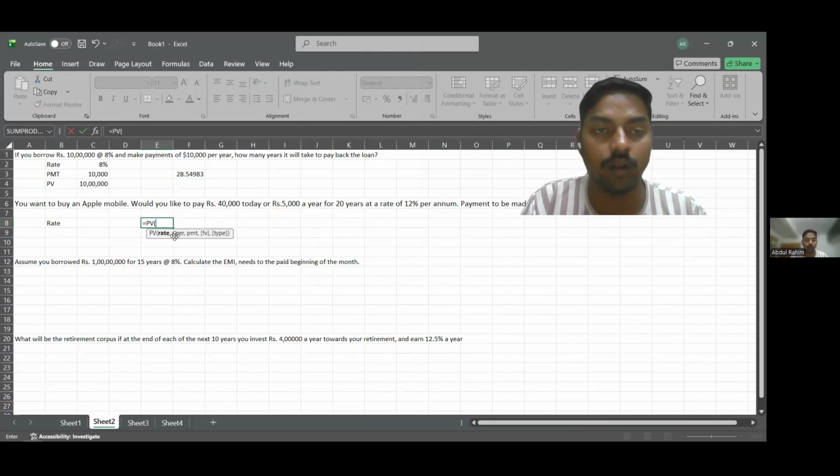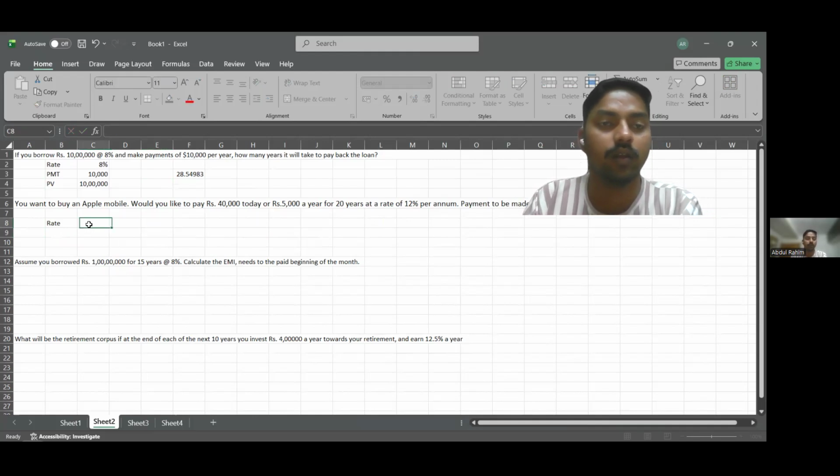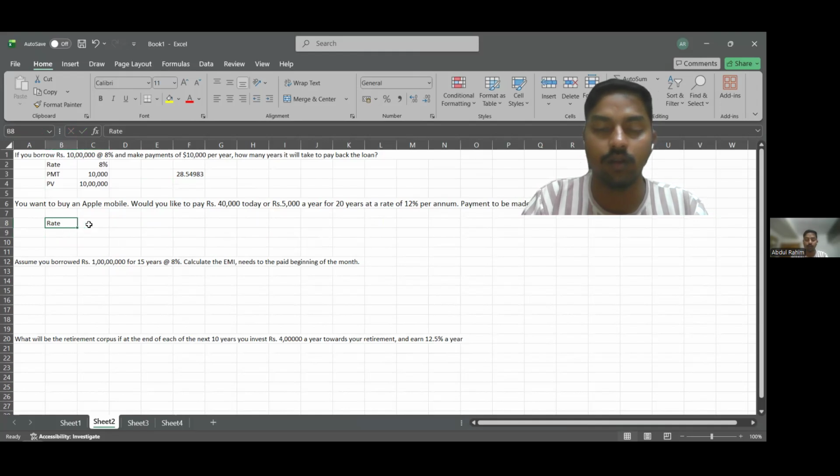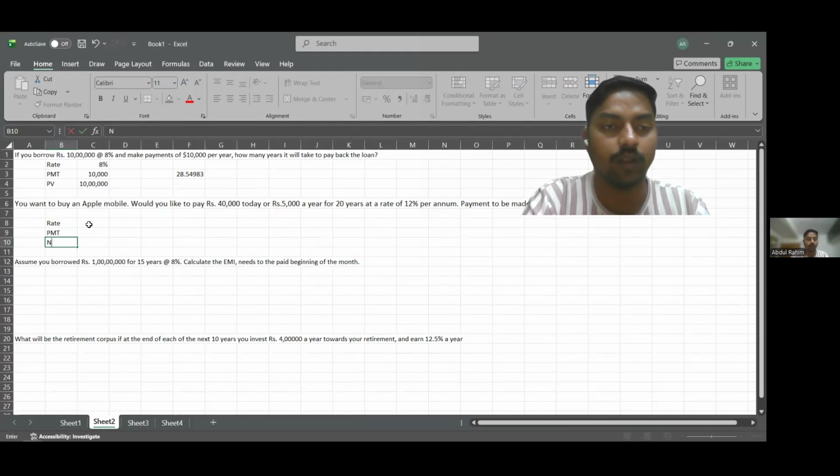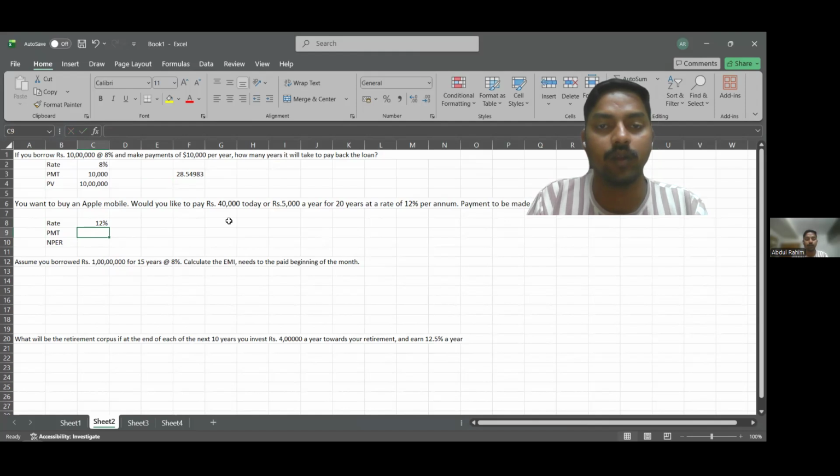We need rate, NPER, PMT, etc. So for that, the rate is 12% and the PMT is 5,000 and NPER is 20 years.